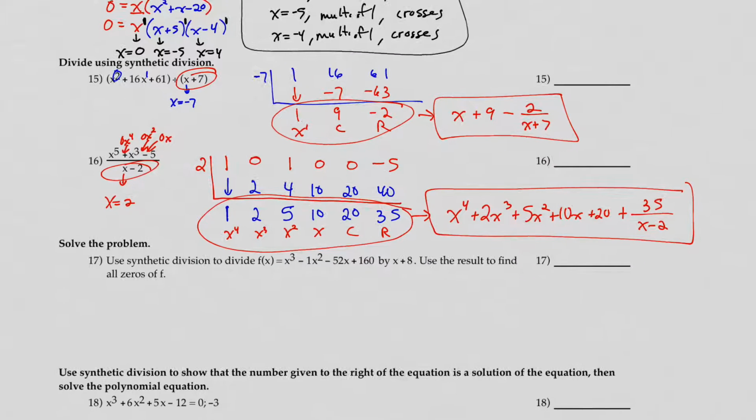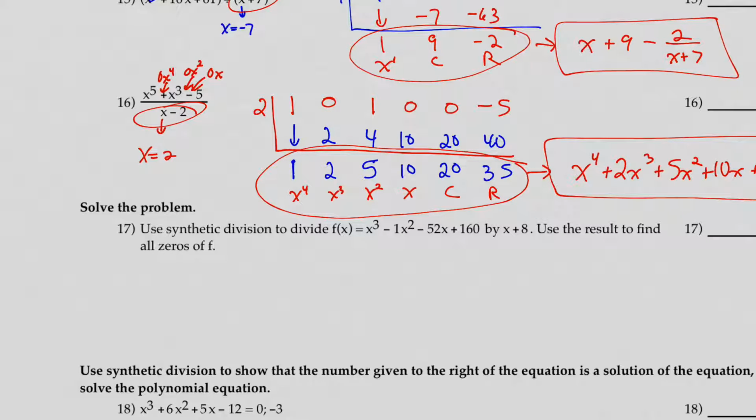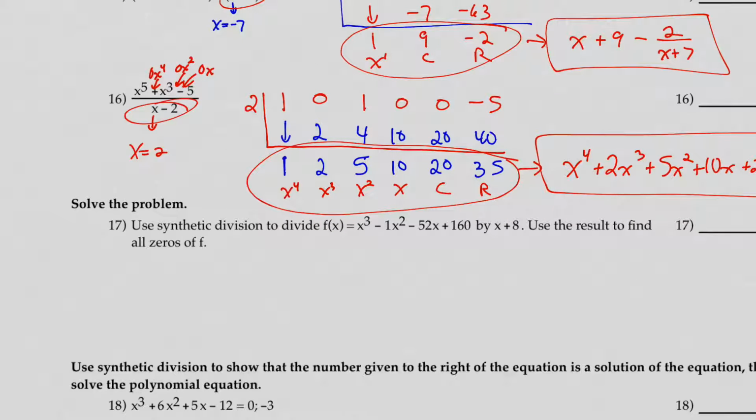Okay, so synthetic division is great for finding the next polynomial and including any remainders. But from now on, we're not going to get any more remainders because we want to get zeros and find the rest of the zeros. So let's take a look at 17.